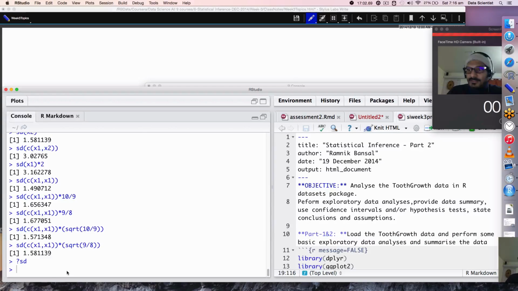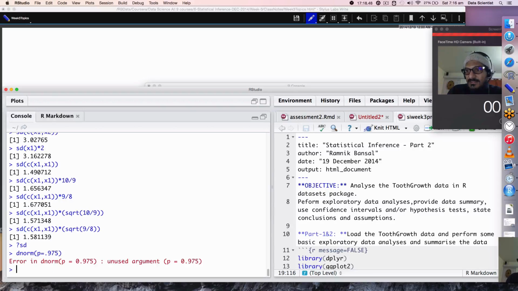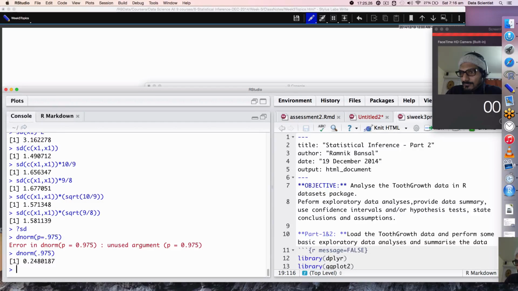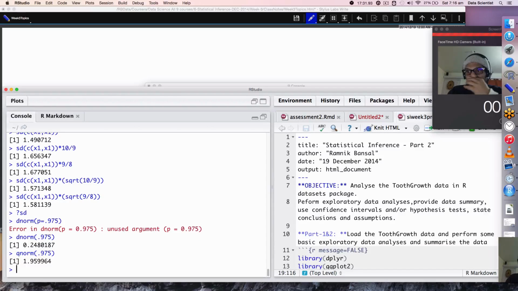I say qnorm of 0.975, where the probability is 0.975, and I would get the answer 1.96. Sorry, not dnorm, I have to say qnorm. So I get the answer as 1.96.